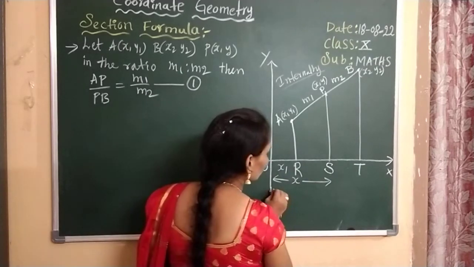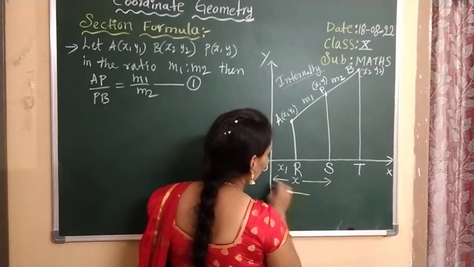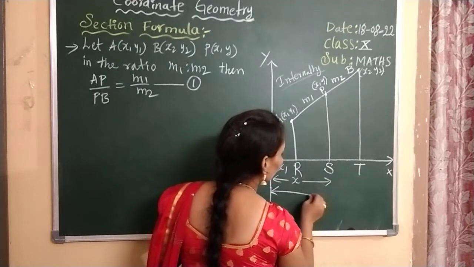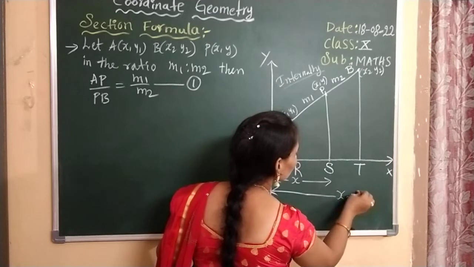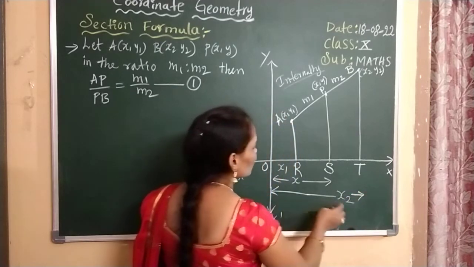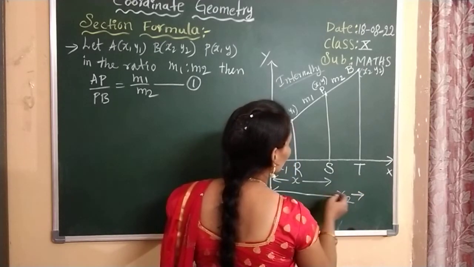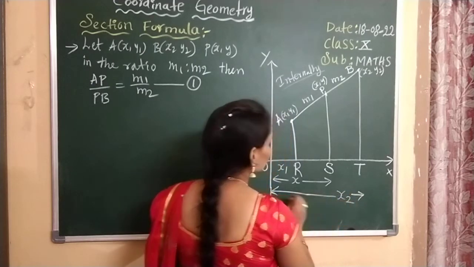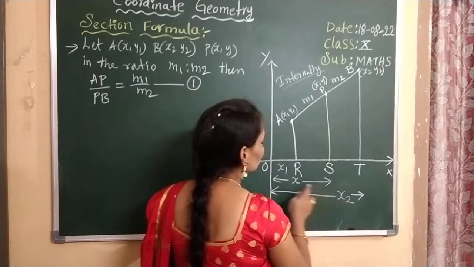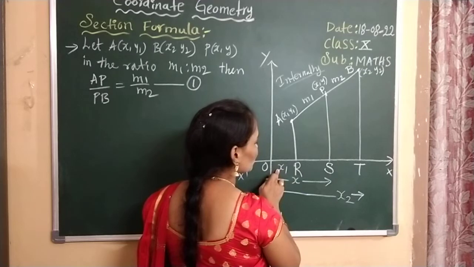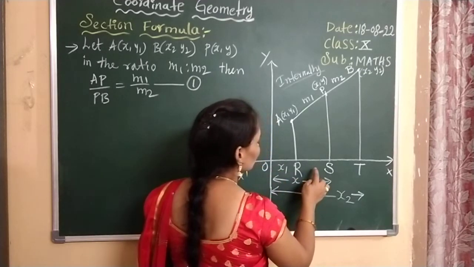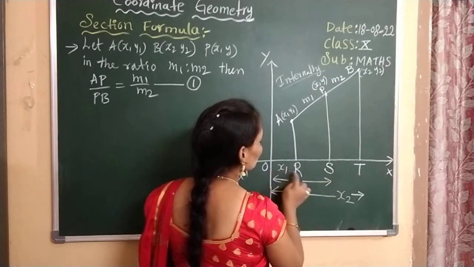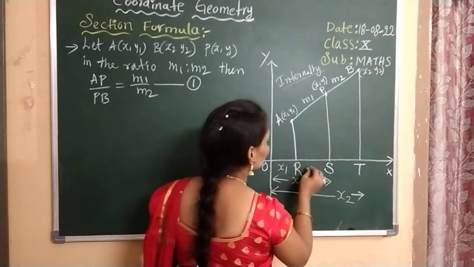And O to T, let us take the distance as x2. Now see, here this is x2, this is x, this is x1. Now this distance RS becomes OS minus OR, that means x minus x1.